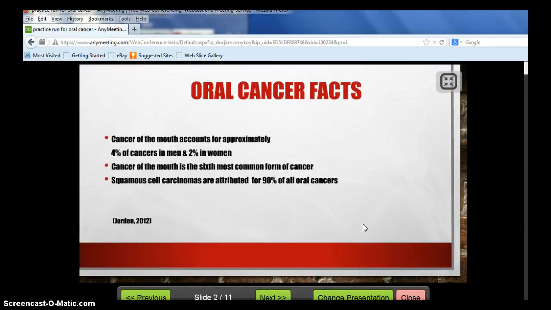Right, oral cancer facts. Cancer of the mouth accounts for approximately 4% of cancers in men and 2% in women. Cancer of the mouth is the 6th most common form of cancer. Squamous cell carcinomas are attributed for about 90% of all oral cancers.